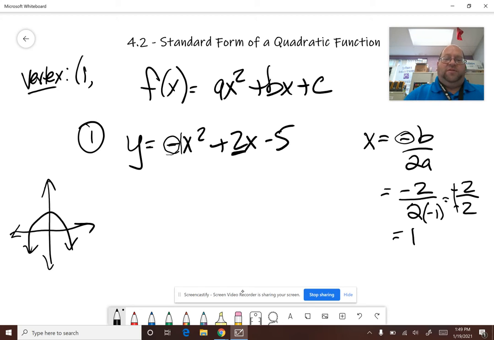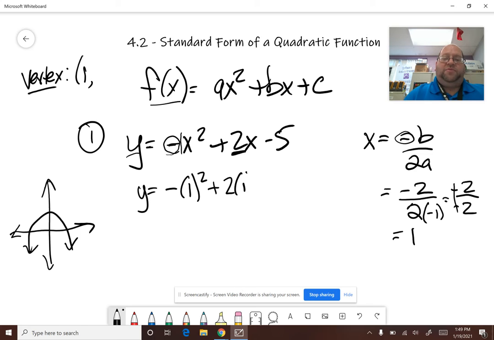Well, notice our equation here. We started with y equals, which is the same as f of x equals, right? So actually, I can just substitute this value for x right back into my original equation. So I end up with y equals negative 1 squared. Notice I'm putting that 1 in parentheses so that I can keep up with what's going on.